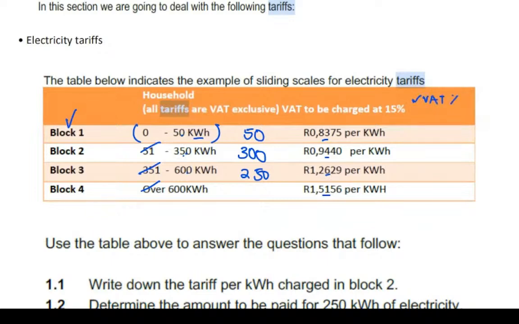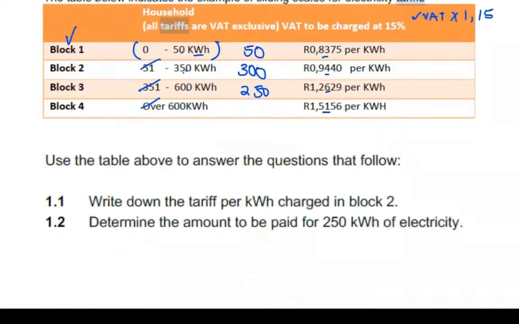Remember, including VAT, we always multiply by 1,15. When we are excluding, we divide. In this scenario, we don't need to exclude. We need to include, because the prices do not have VAT and your final answer should have VAT.